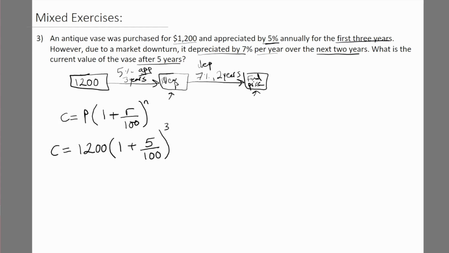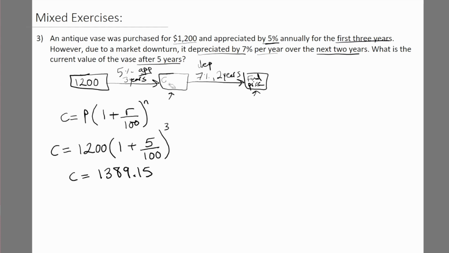And again, this is fairly straightforward. We're going to go ahead and plug it on the calculator, plug our numbers, and we get that the current price is 1,389.15.